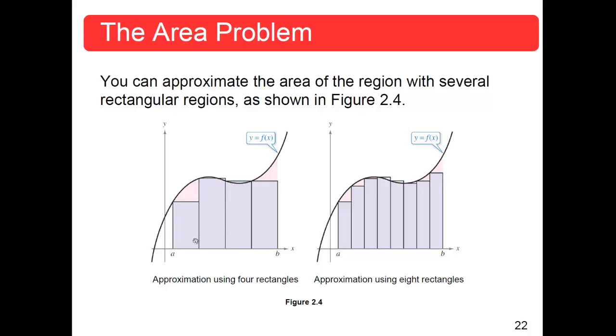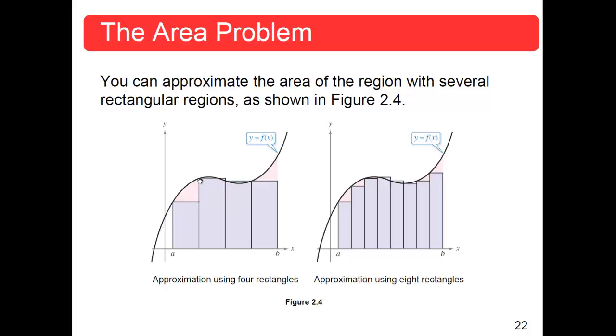Notice here, we stop the rectangles when the left-hand endpoint of each sub-interval intersects the curve. So here's one rectangle. We found the height of the rectangle directly above the left endpoint. Here's the left endpoint of my second rectangle. Go up till I hit the curve.